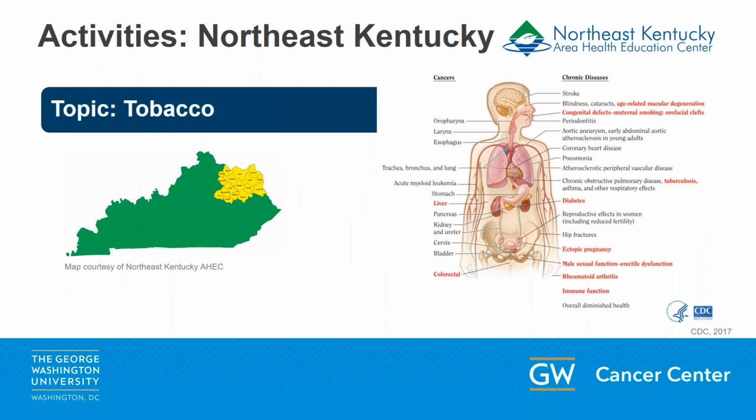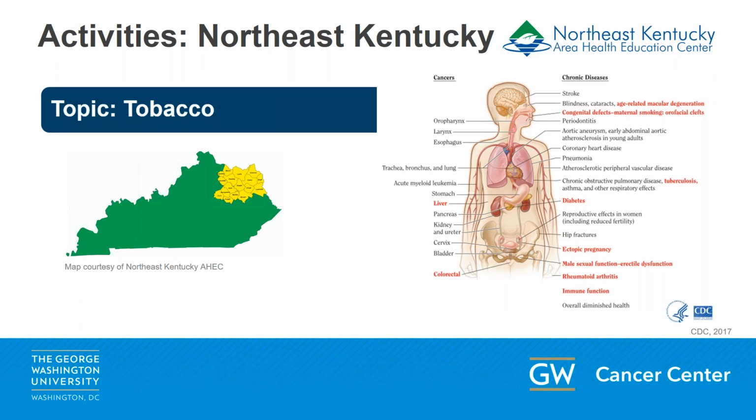So first, Kentucky. We went to Northeast Kentucky, and they brought cancer and chronic disease professionals together to tackle the common health effects of tobacco. The Northeast Kentucky region is highlighted in yellow on the map. As we know, cancer professionals have a stake in tobacco because tobacco use causes a number of different types of cancers, including lung, colon, and cervical cancers.